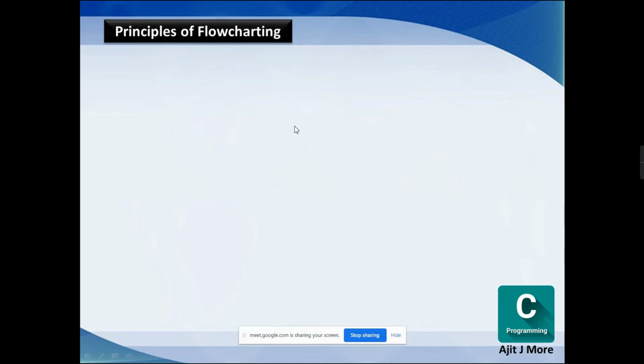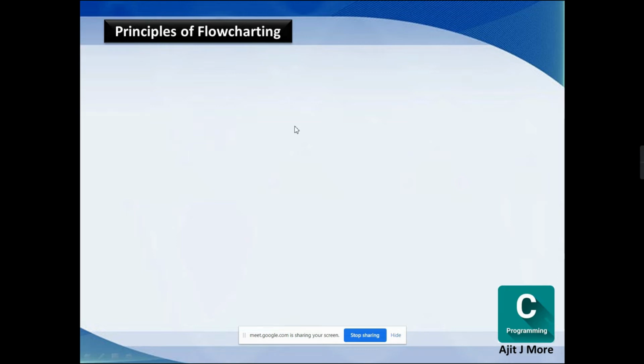Then follow only one direction, either from top to bottom or left to right. Whenever you show the information flow, you'll show it by some lines. Those lines should go in one direction only. They should not intersect each other, or be wavy like curves.